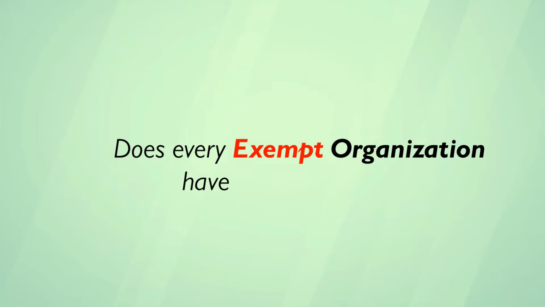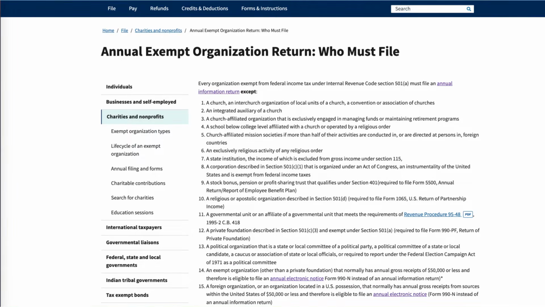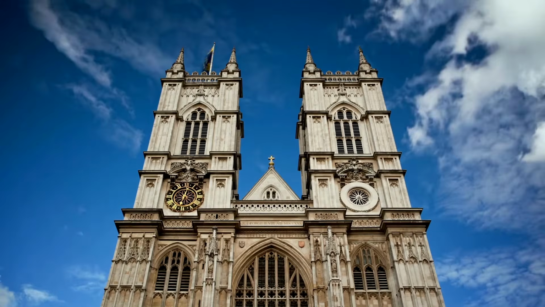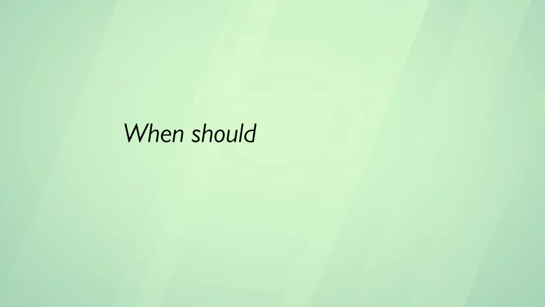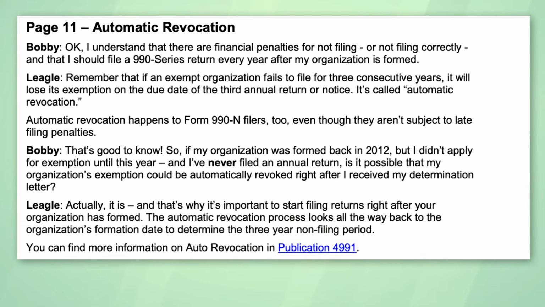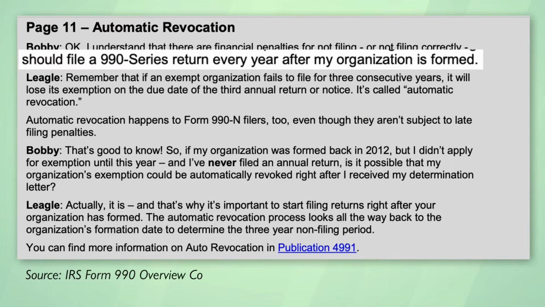Does every organization have to file? No. The largest category of tax-exempt organizations that doesn't have to file a Form 990 series return is churches. When should organizations start filing 990 forms? Every year after the exempt organization was formed.